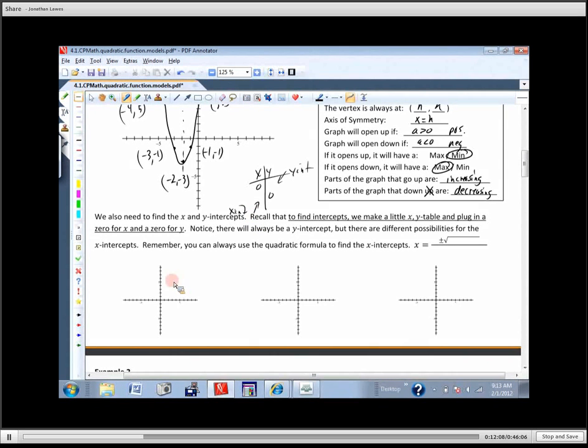Okay, on a lot of the graphs that we have, they'll do something like this. 2 x-intercepts, 1 y-intercept. It could do something like this. This happens occasionally, although this is somewhat rare. It could come down here, touch here, and go back up. It's got 1 x-intercept and 1 y-intercept. Okay, what's the final case?